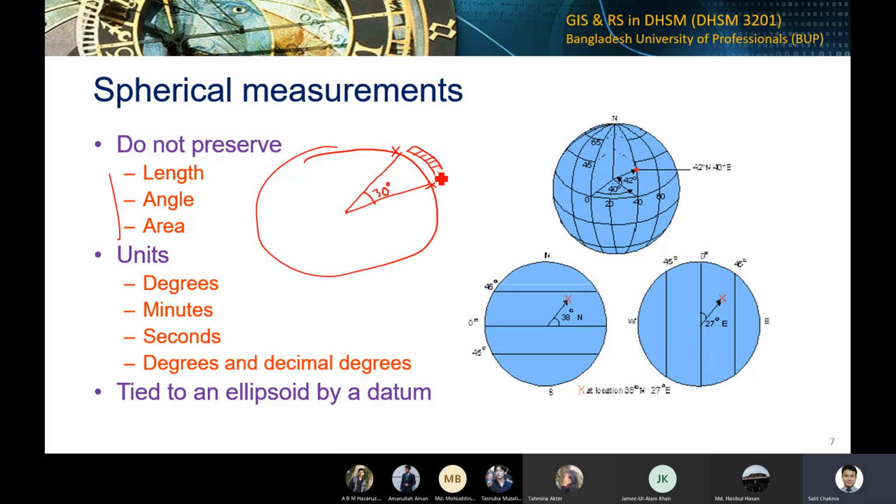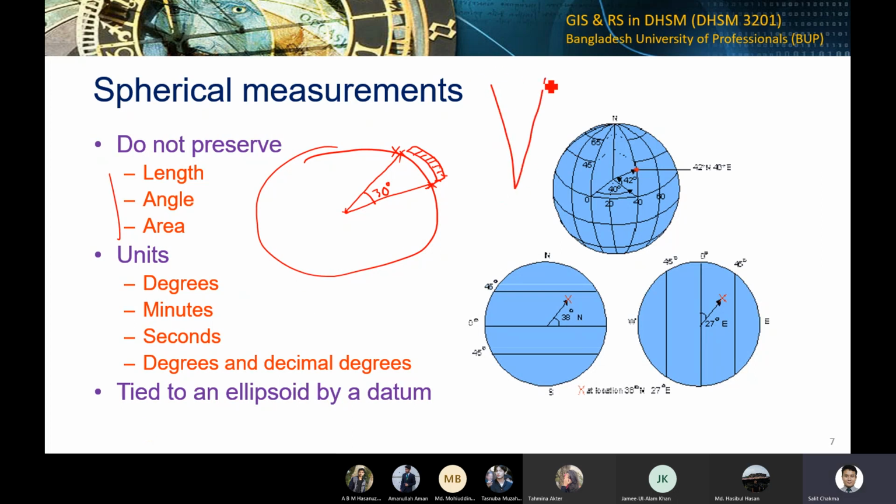Because this area depends on the distance between this point and this point and this point and this point, as well as this surface does not represent the topography of the area between these two points. How?